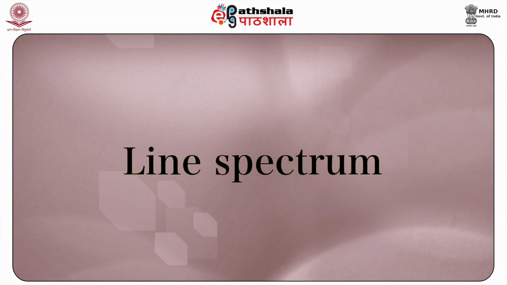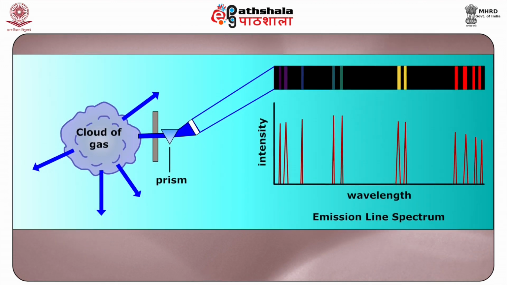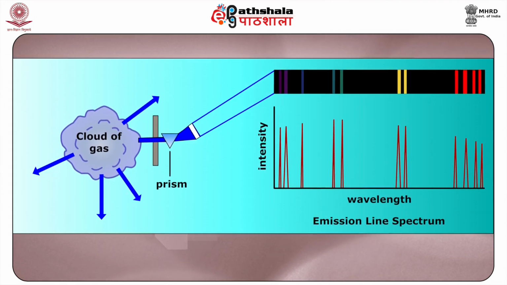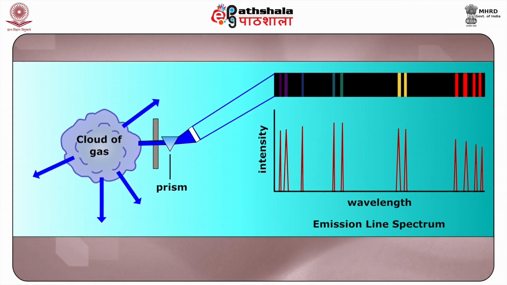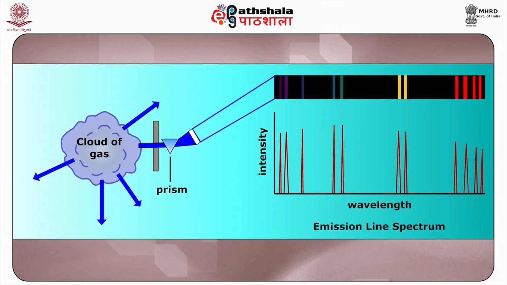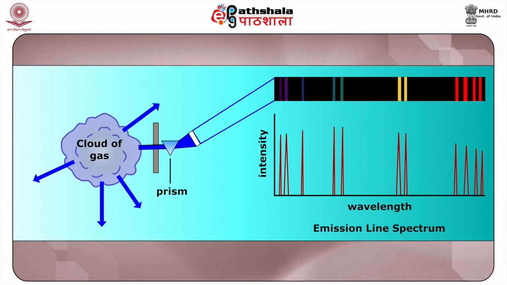Next, we are going to discuss the line spectrum. The line spectrum is given by the elements in their vapor form. It consists of lines at the different intervals of the spectrum against a dark background. The intensity of lines is mostly different from each other.